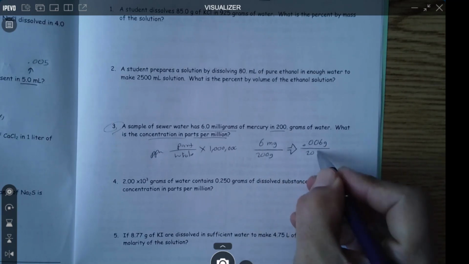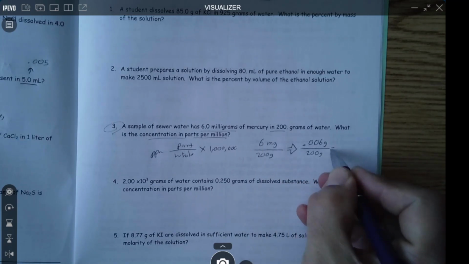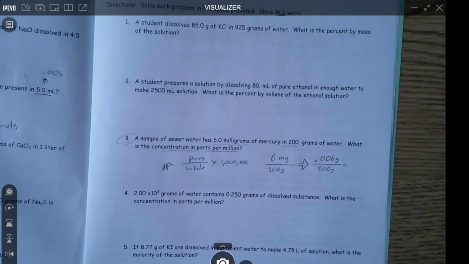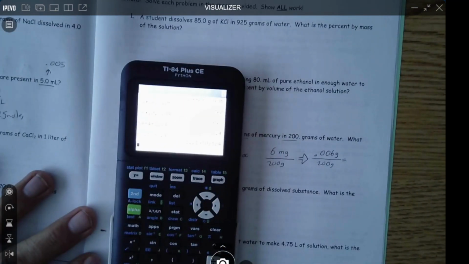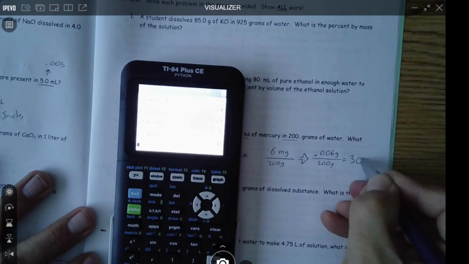And that's divided by 200. Don't worry, it's going to be a small number, but we multiply it by 1,000,000. So it's 0.006 divided by 200, and then I multiply by 1,000,000, which is the same as 10 to the 6th, and it's 30 ppm.